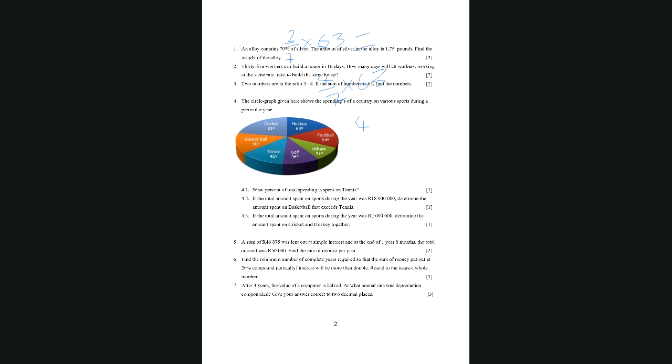Okay, good. So the first one we have 45, divided by 360, 45 multiplied by 100 over 360. Can you see that? Yes. Multiplied by 100, times 100%. Then we get a percentage. Yes.